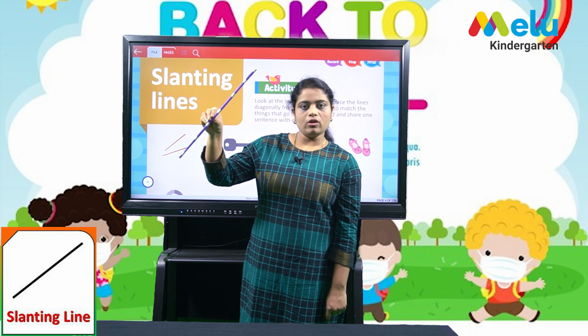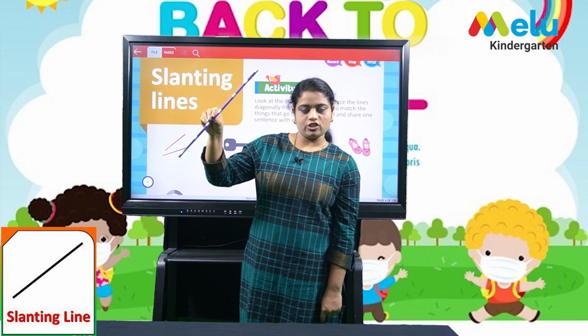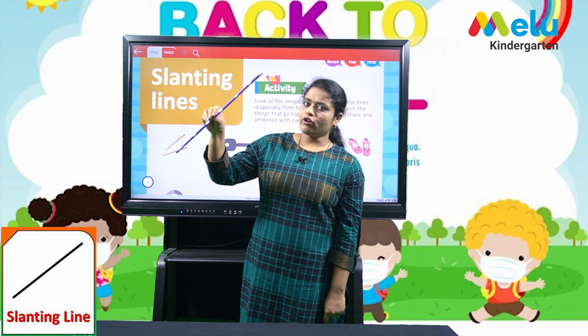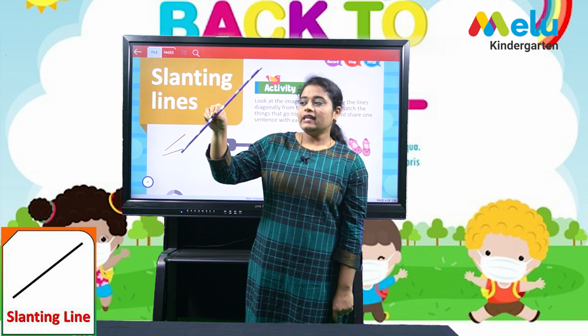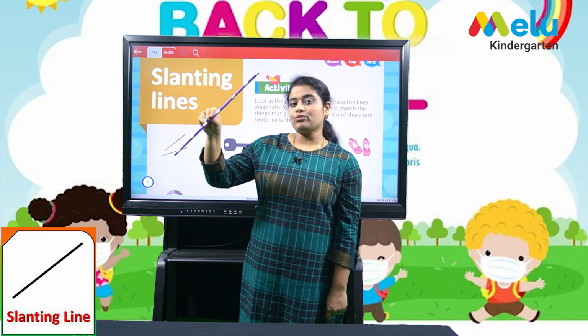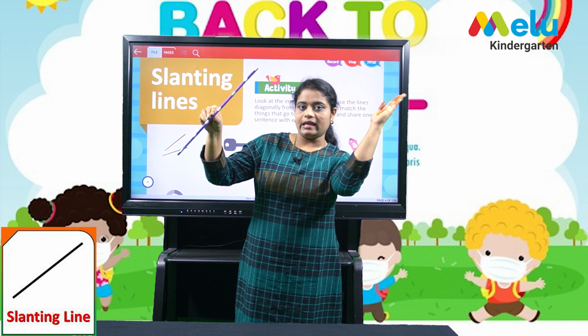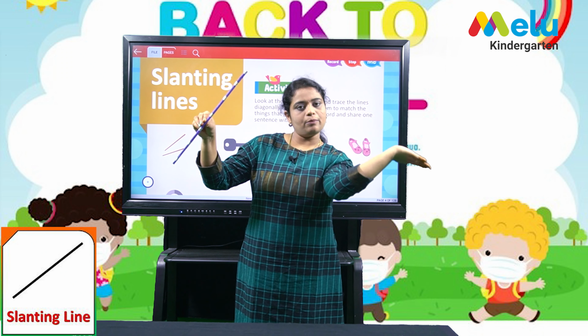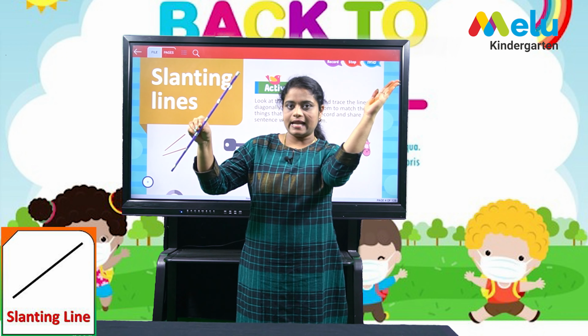Now if I hold it and place it in this position, it is neither standing nor sleeping. Yes children, it is in a slanting position. It is bending. Yes children, slightly bending. It is not straight nor sleeping. So it is bending slightly.